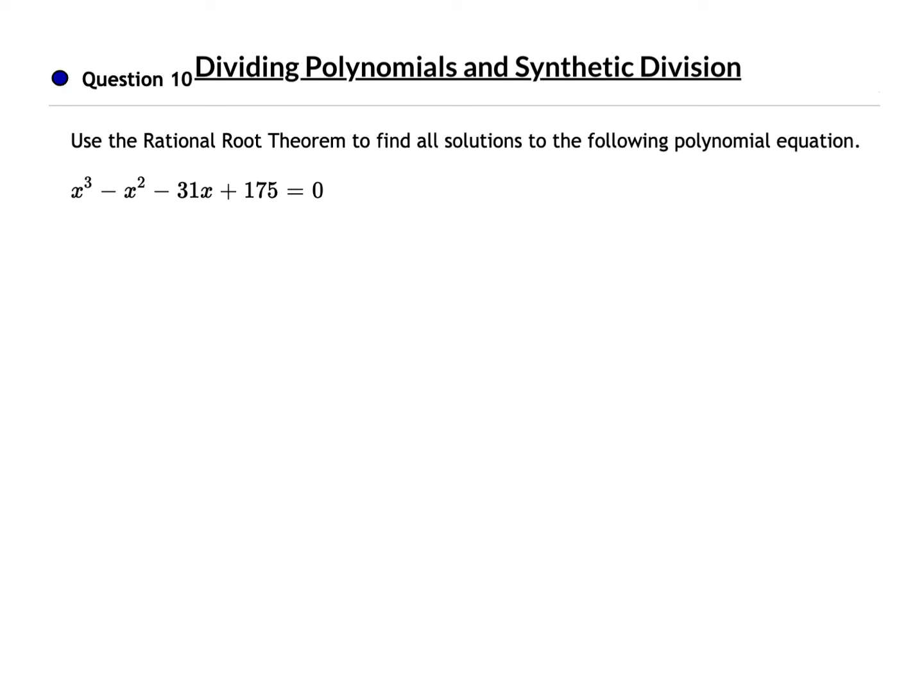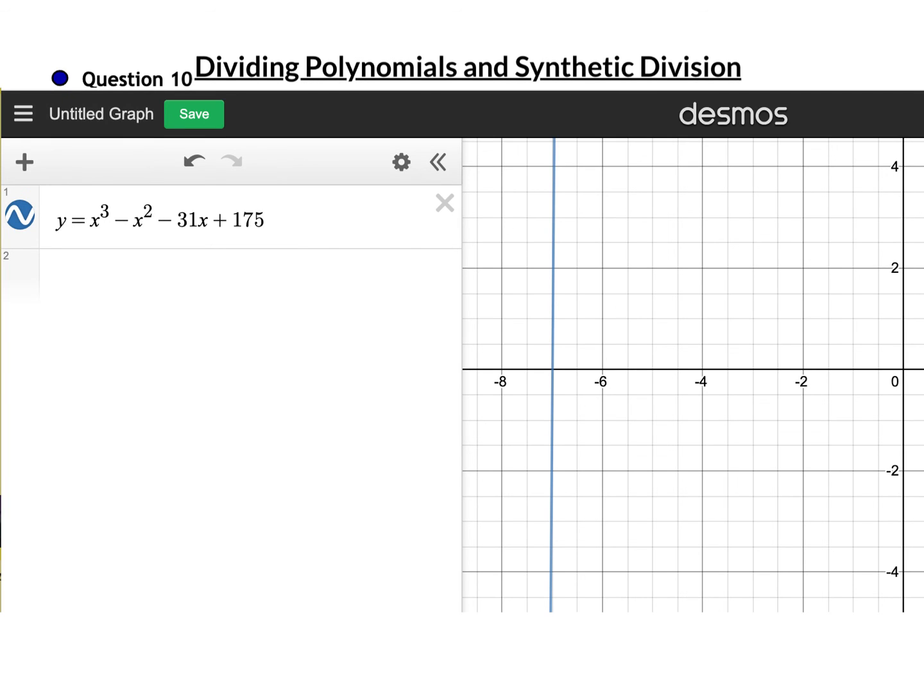For this last example, I punched in y equals this equation in the calculator, and I'm looking for where y is 0, the x-intercepts. I noticed that it looks like we have a 0 of negative 7.